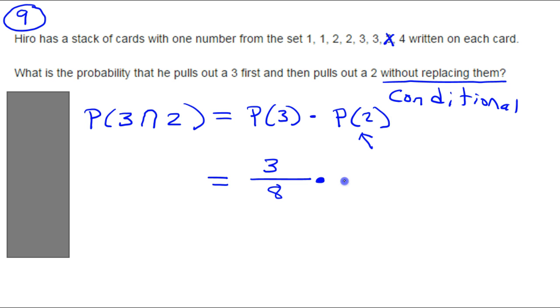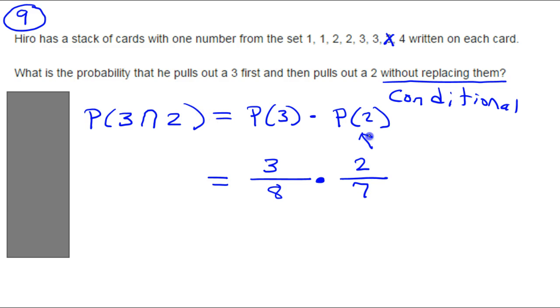If we don't put this back, then we don't have 8 cards anymore. Now we only have 7. So the probability of pulling out this 2 under these circumstances is going to be target over total. We have 2 2s, but out of a total of 7 cards, not 8.